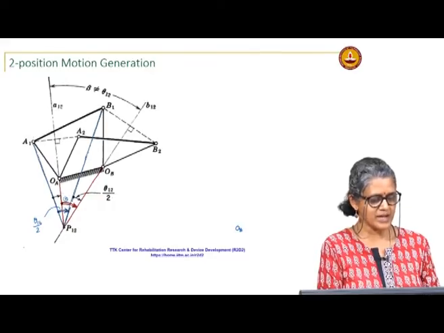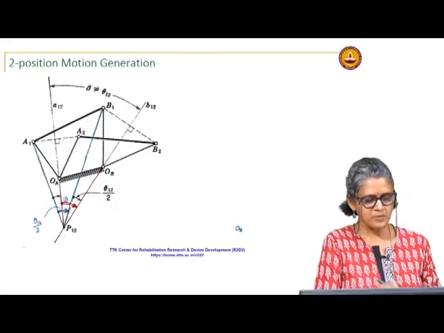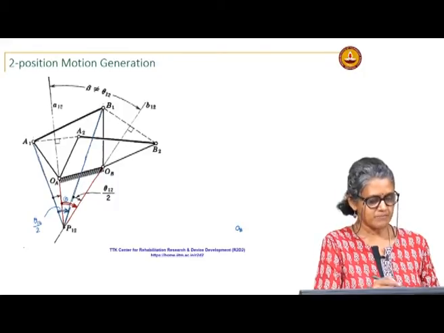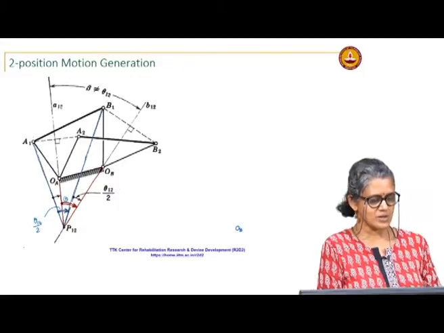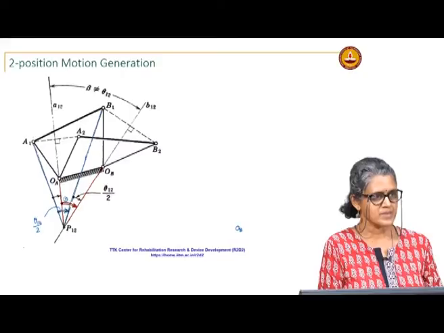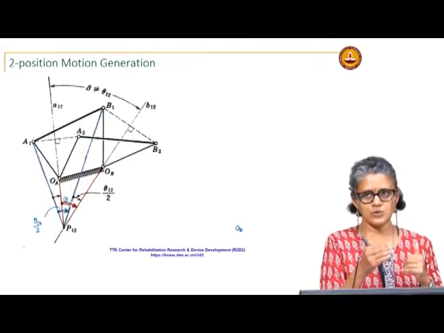This part of the angle OA P12 B1 is common to both, right. So this angle is theta 12 by 2 plus this x, which is equal to this plus this. So the two angles are equal.